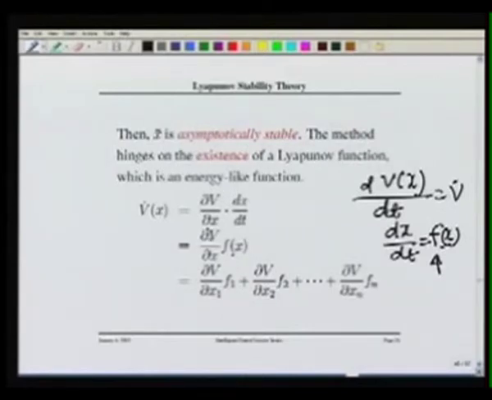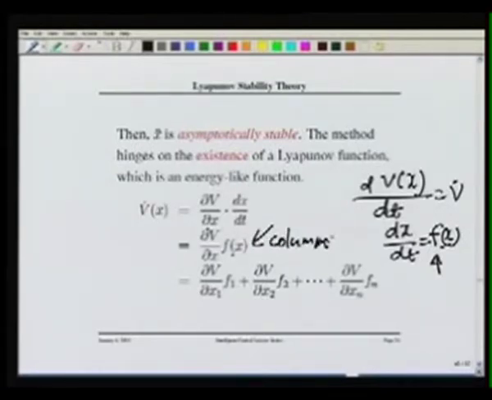Because you see V is a scalar function and x is a vector. So, if I expand this, my f x is also a vector. You can see that dou V by dou x is a row vector and f x is a column vector.